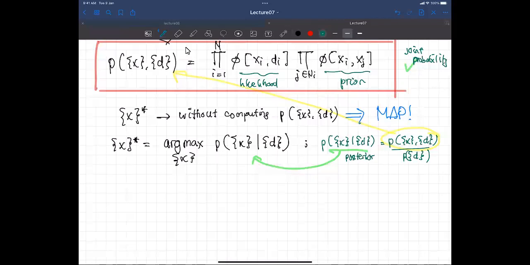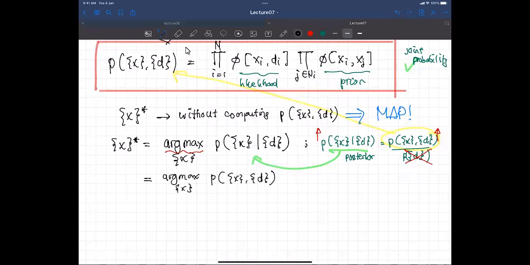Now, because this one is argmax, if we want to maximize it, we just try to maximize the joint probability. We can ignore this one because whatever you change X, it doesn't influence the probability of D. Probability of D is constant with respect to X. So this is the same thing as argmax over X of P of X and D. Okay.